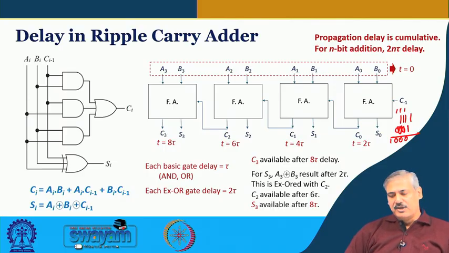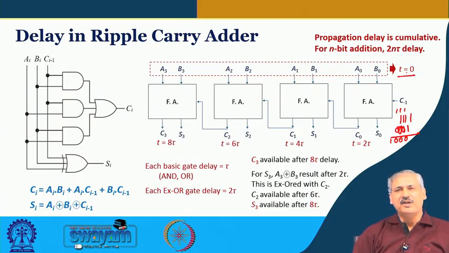Okay. So, if we place the numbers at time t equal to 0, and we assume that each basic gate has a propagation delay of tau, with minor variation, it is approximately tau for each one of them.